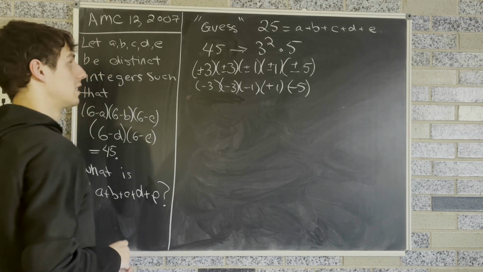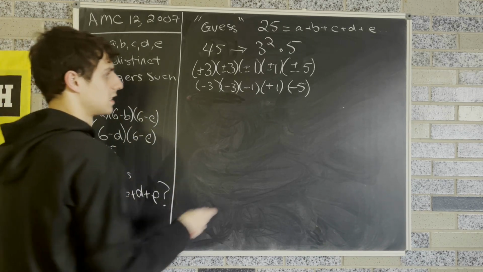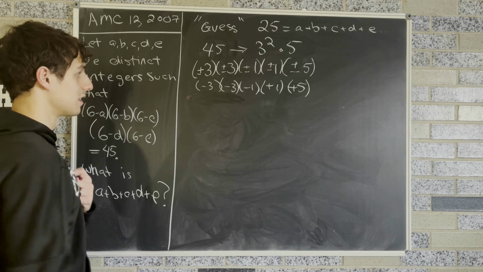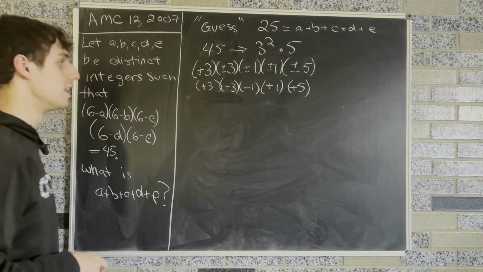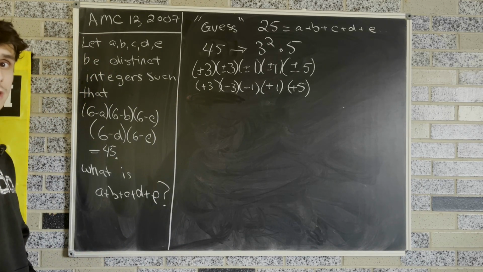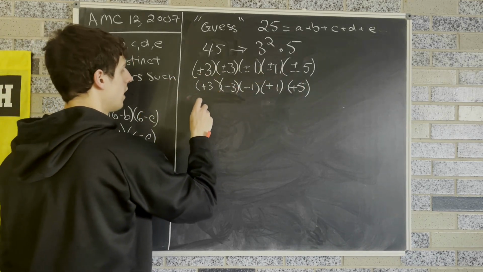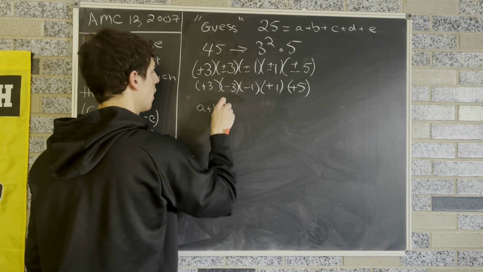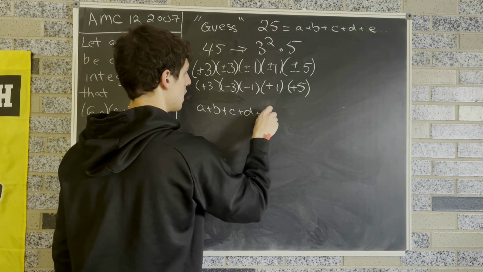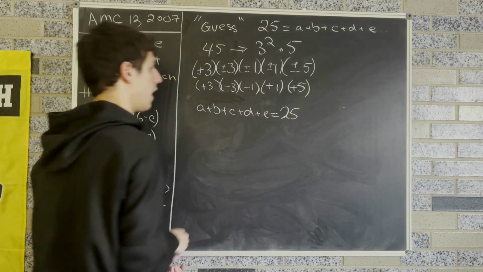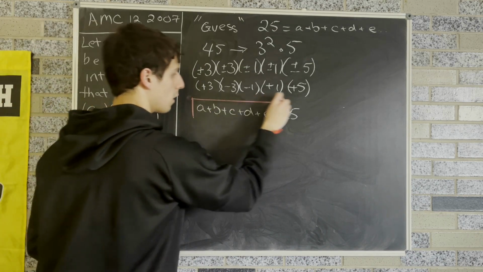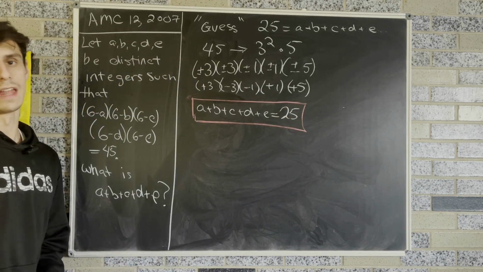So we know that because we have distinct integers, this has to be positive 5 in this last slot. And because of that, this has to be the layout for our equation. And as before, we showed that with this layout, a plus b plus c plus d plus e is equal to 25. I think that's enough for now.